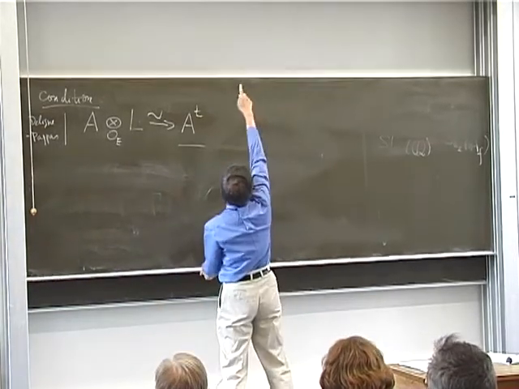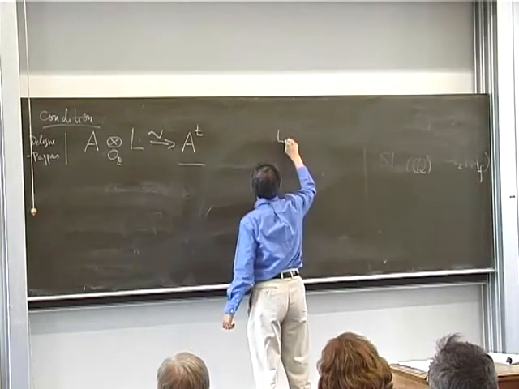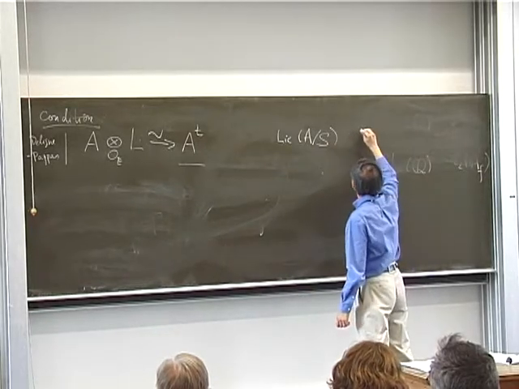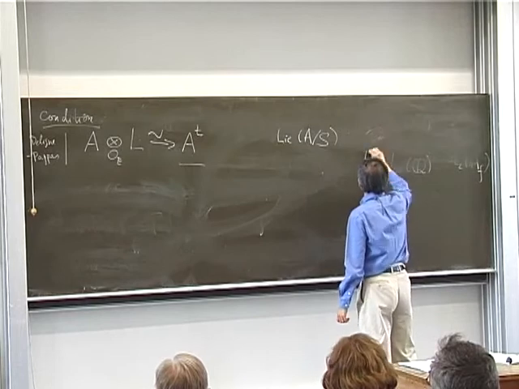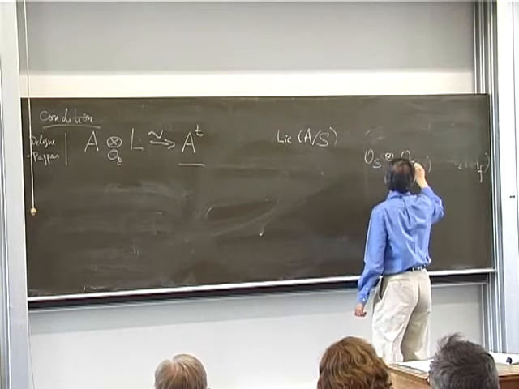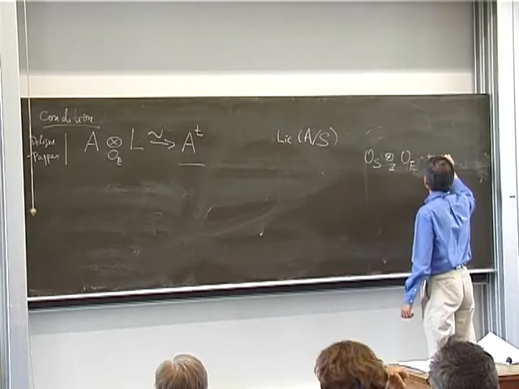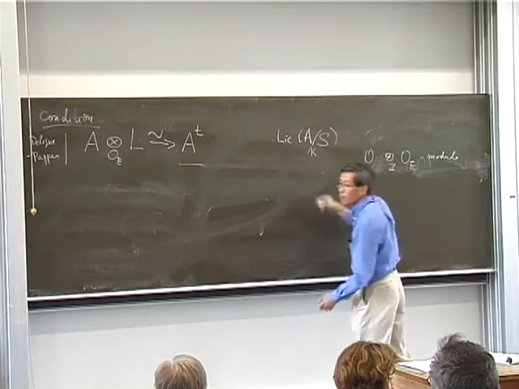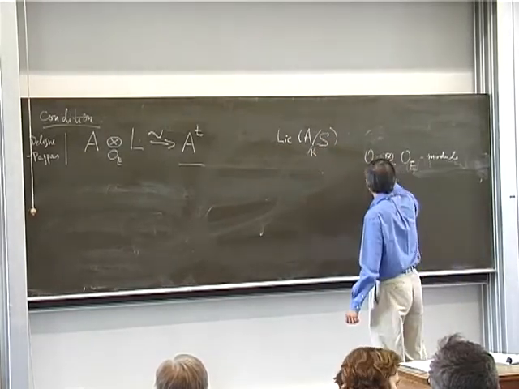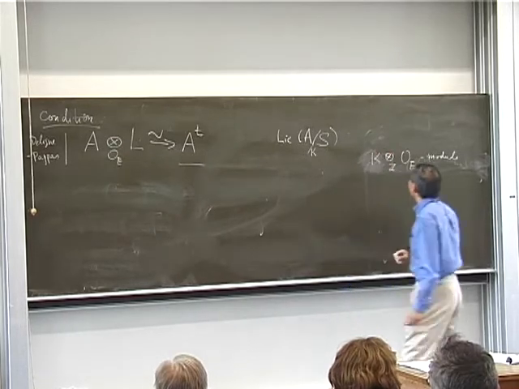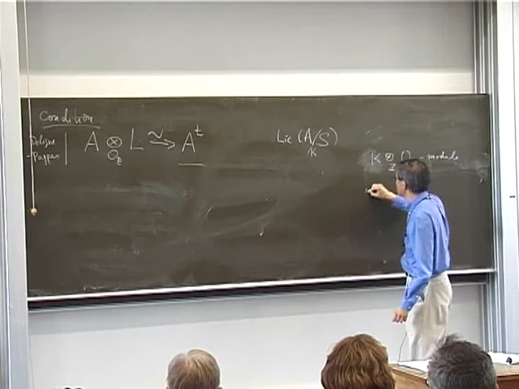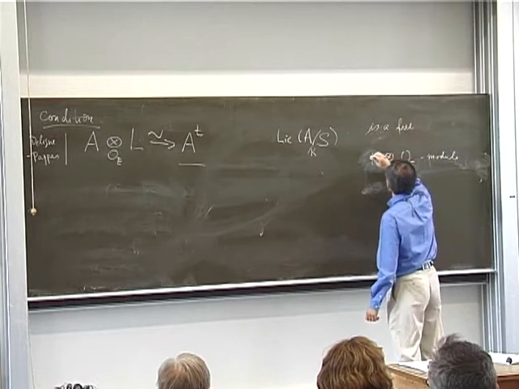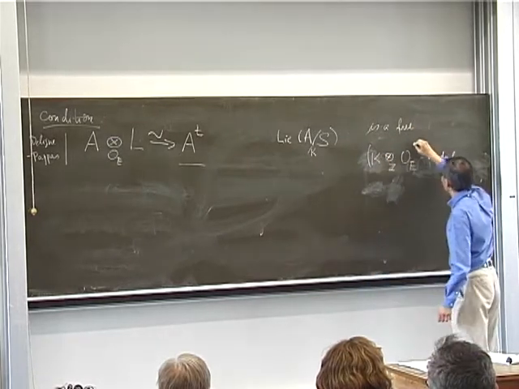So Rapoport's condition is, instead of this condition, he requires that the Lie algebra of A over S, which is obviously an OS tensor OE module. Okay. And now, if I take, let's say over a point, let's say even over a perfect field or algebraically closed field, that doesn't matter. So then I have k over that. He requires that this is a free k tensor OE module of rank 1.